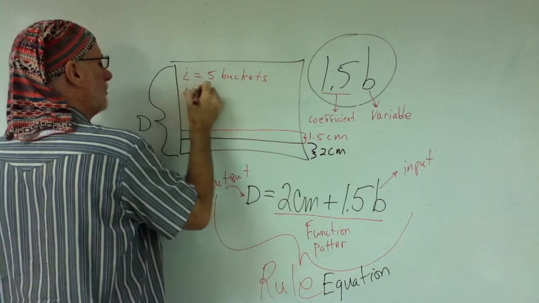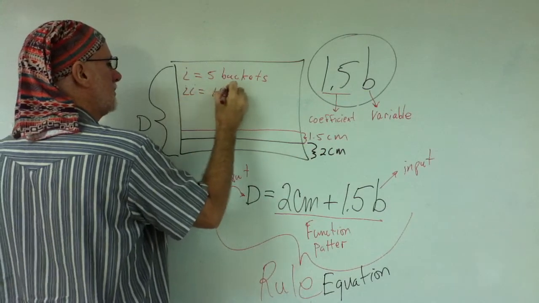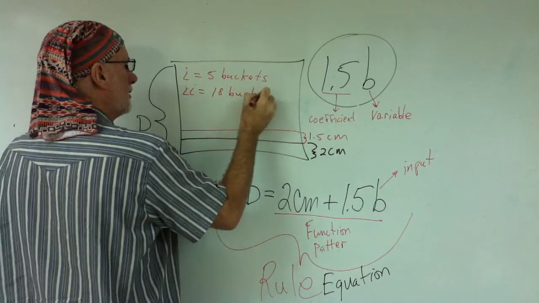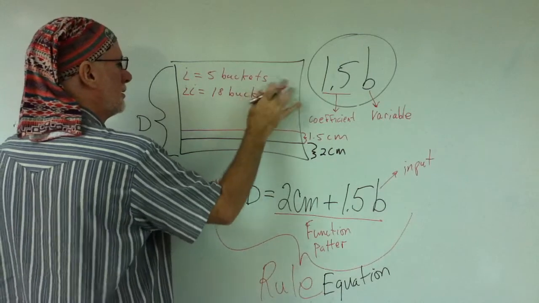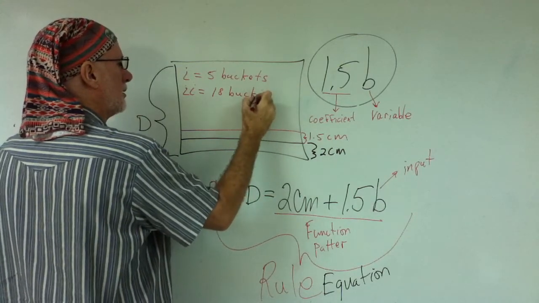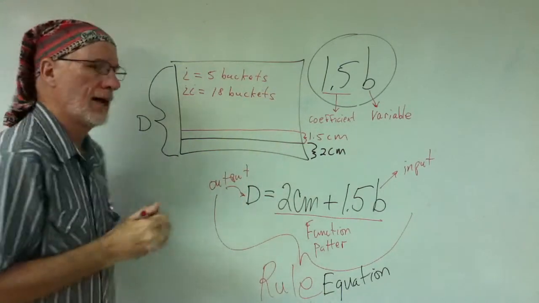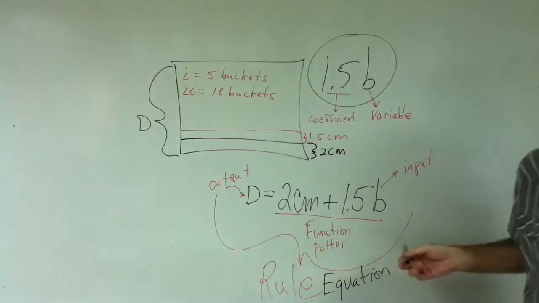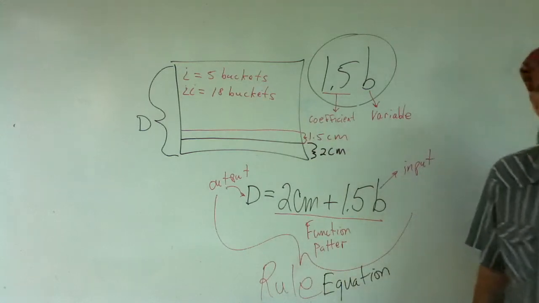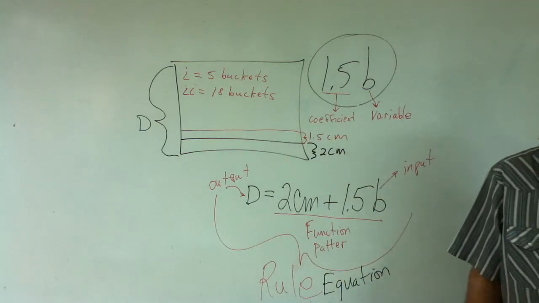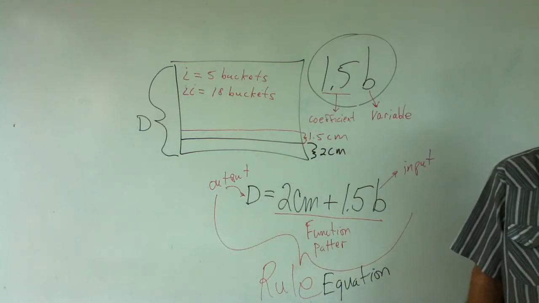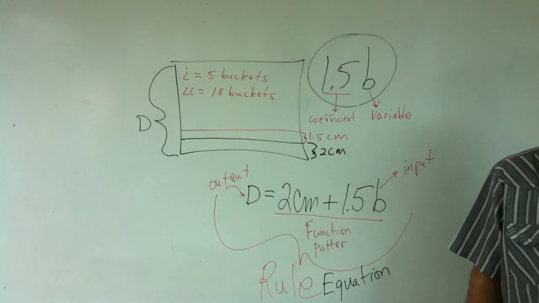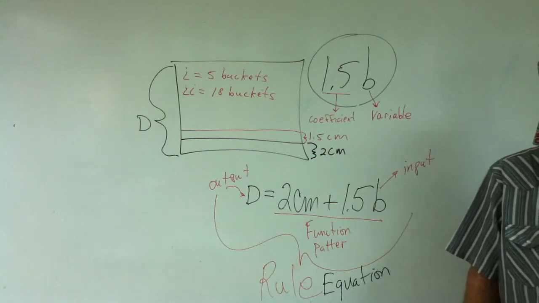B2 is 18 buckets. Okay, so what would it be? Here's the equation. You tell me with 5 buckets. Can you do that? Right now, I'll give you 30 seconds. Take out your calculator.